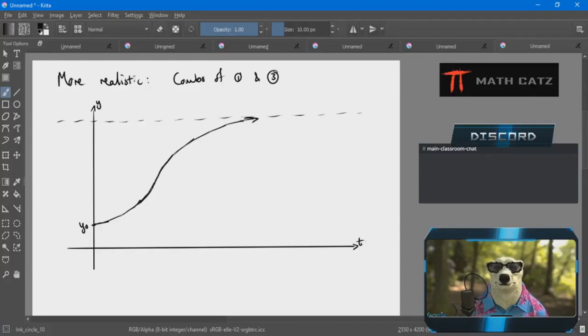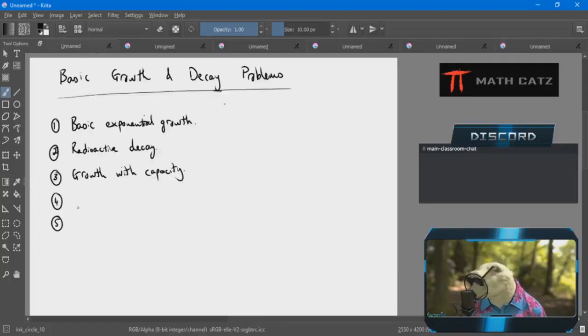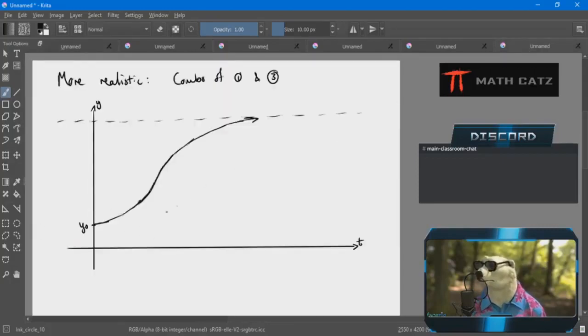So a combination of these two seems to be the most realistic I can get right now. But unfortunately, we can't jump to that right now because it is much more complicated. I want to run through some more basic ones, and then perhaps we are more ready to see what this differential equation looks like.